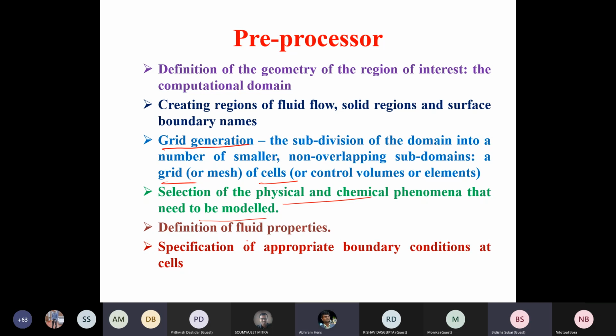Then definition of the fluid properties, as I was mentioning, fluid density, fluid viscosity, etc. has to be mentioned. Then specific and appropriate boundary conditions at the cells. Okay, so these are important. So this entire part is known as pre-processing. Okay, preprocessor. So you have to define geometry, create mesh, select model, give the properties and boundary conditions. So this entire part is known as pre-processing or preprocessor.